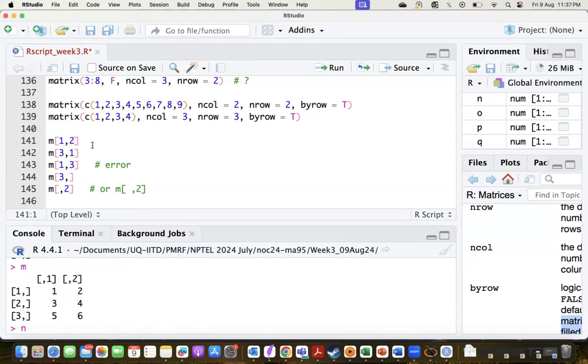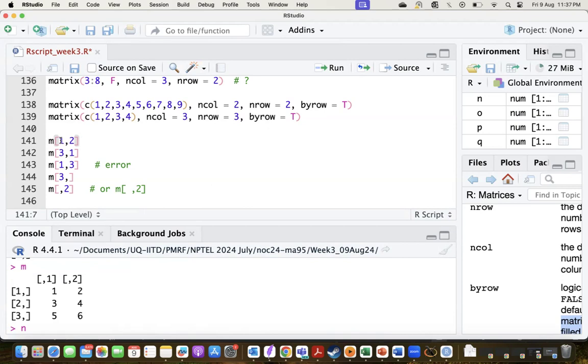Now, what do you think this should give me? M, in square brackets, remember square brackets, 1 comma 2. Which numbers should be the output here? I'm not sure, ma'am, but it should be a 1 cross 2 matrix, like one row and 2 columns.